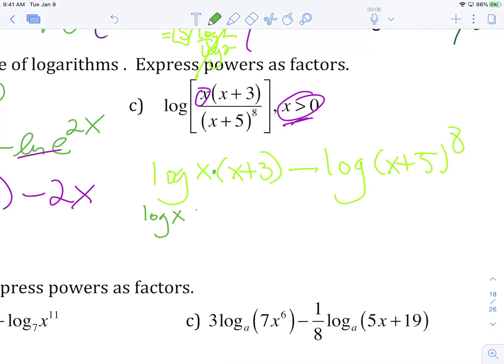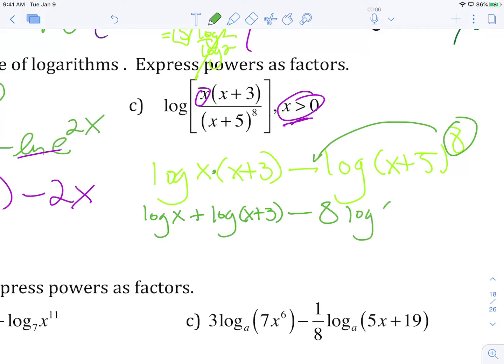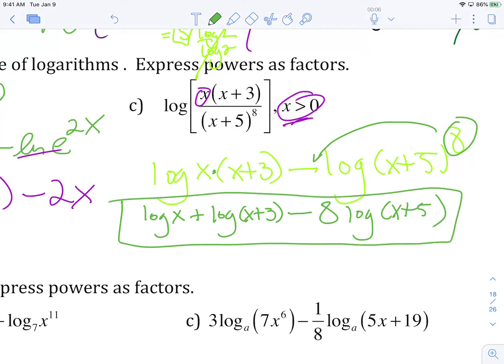Log of x plus log of x plus 3 minus, and we're going to put this in front to make it even look larger. We're expanding it, minus 8 log of x plus 5. So this is what it means to expand.